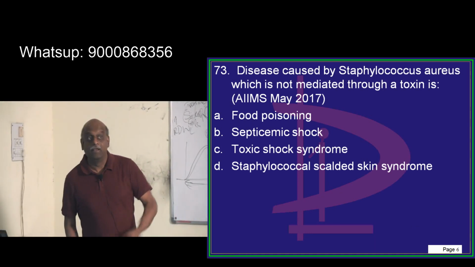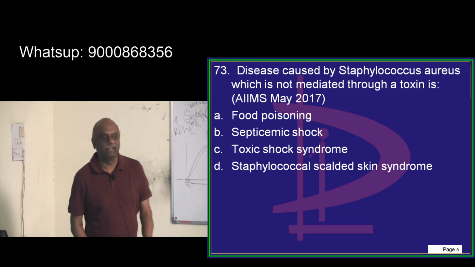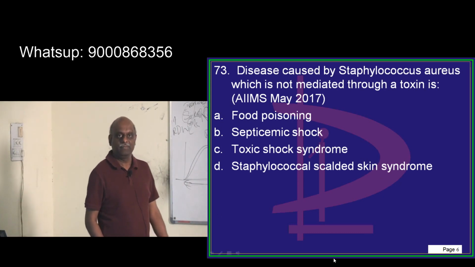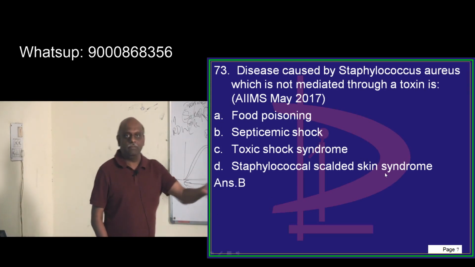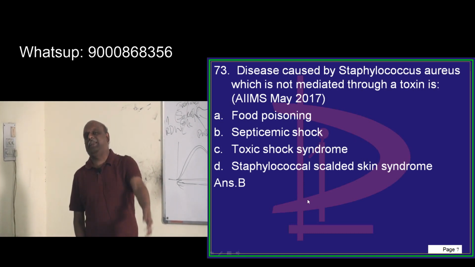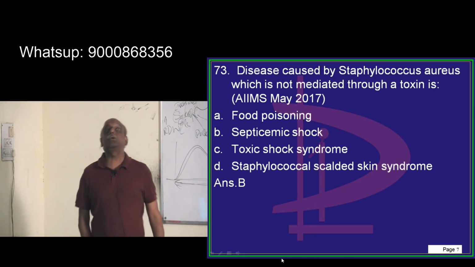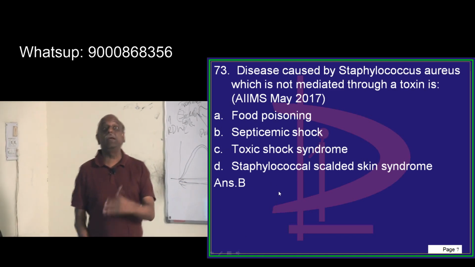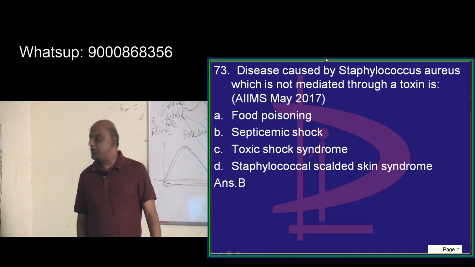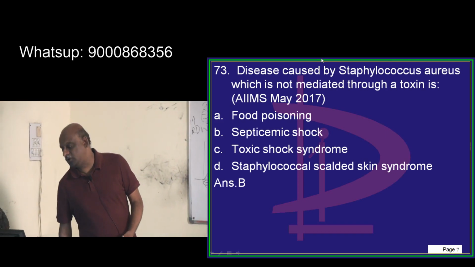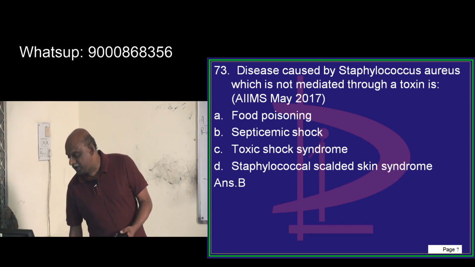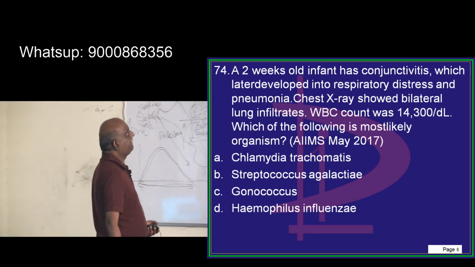What is the reason? Preformed toxin is there, so it is toxin mediated. Toxic shock syndrome, the name itself says it is toxin mediated. Staphylococcal scalded skin syndrome is also toxin mediated, but the septicemic shock caused by Staphylococcus is not toxin mediated, is what you have to fundamentally remember.